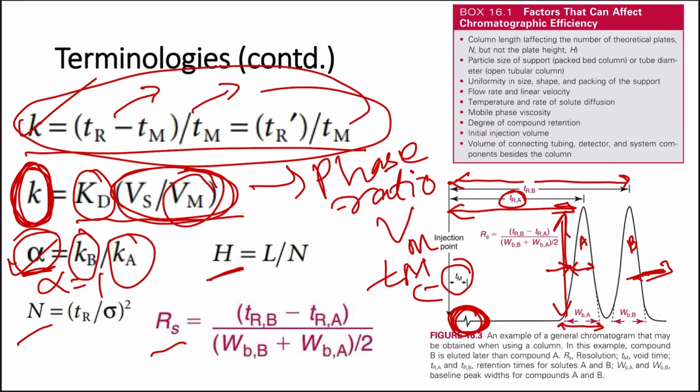Then we have N, known as the number of theoretical plates. Suppose we take the example of a column chromatography and we find some bands, let it be A, and some bands here, let it be B, while the mobile phase is being poured here. In these three areas the analytes are not attached to the stationary phase.